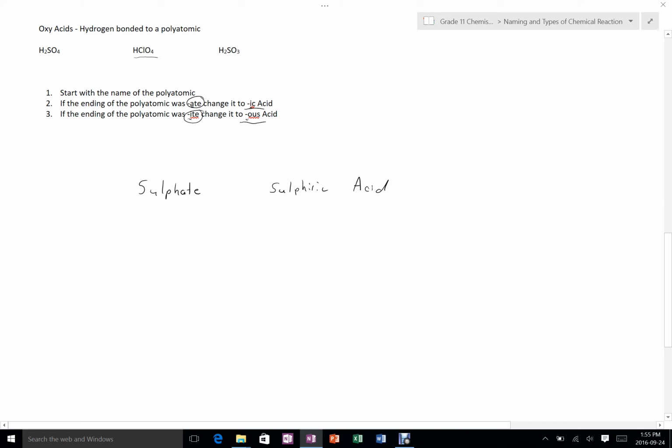Here, this one would be ClO4. Careful here, I almost said it's chlorate. That's actually perchlorate. So this one would turn into perchloric acid. Finally, H2SO3.